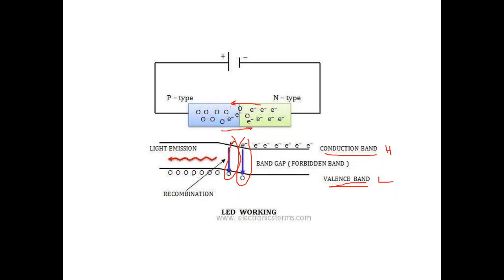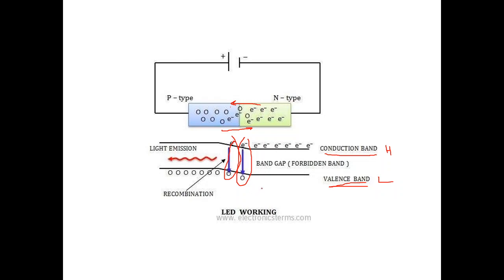This creates the absence of electrons. After a certain time, the electrons are not stable in the higher energy conduction level. So in order to acquire stability, they have to jump from the higher energy level to the lower energy level by releasing their energy.